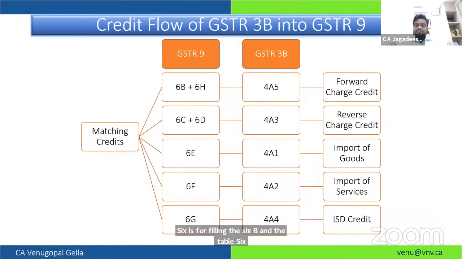If you see 4A5, there will be duplicate reporting also, as I discussed in the previous slide, because the temporary reversal and permanent reversal concept is there from last year's August month return onwards.